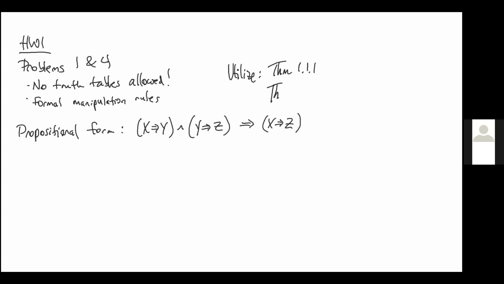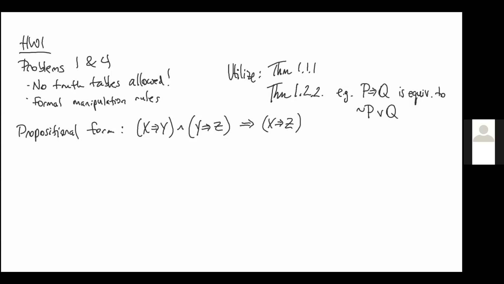And then theorem 1.2.2, let me check. Yeah, 1.2.2, which goes over other important things. In particular, it includes the fact that the statement P implies Q is the same exact thing as writing not P or Q, which maybe takes a bit of convincing, but I'll let you guys worry about that.